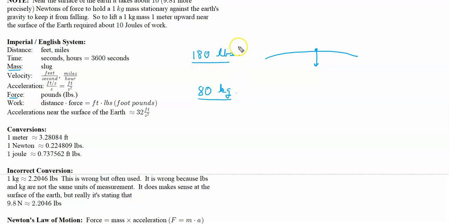Now, in the English system, if you wanted to calculate the mass of an object that weighs 180 pounds at the surface of the Earth, you have to remember that force equals mass times acceleration. So in the English system, this is a statement about force. And in the English system, acceleration at the surface of the Earth is 32.